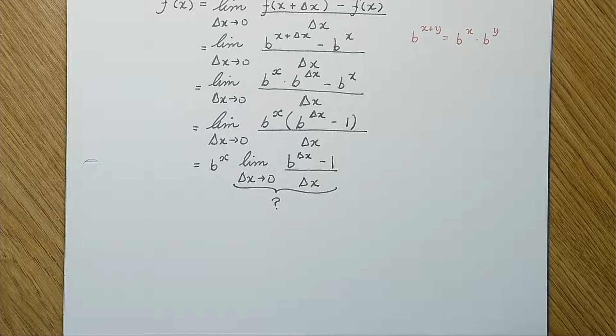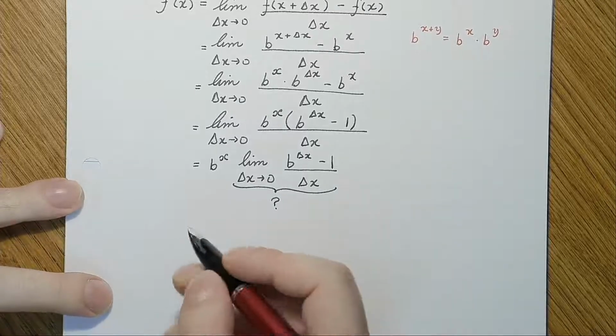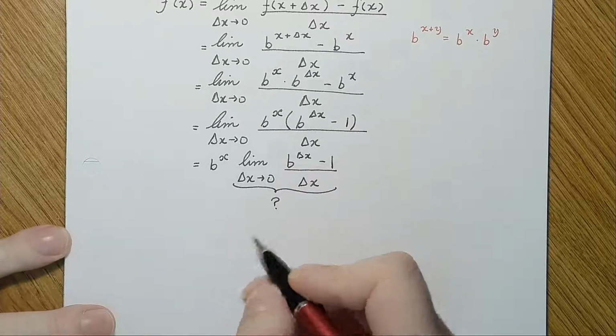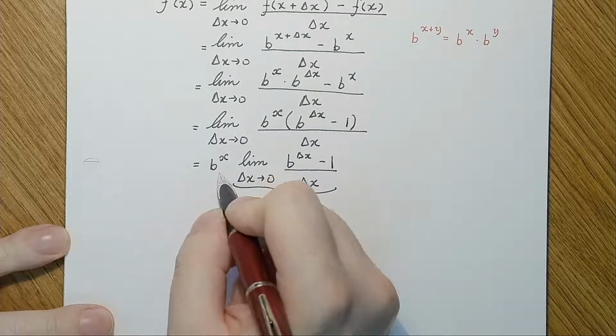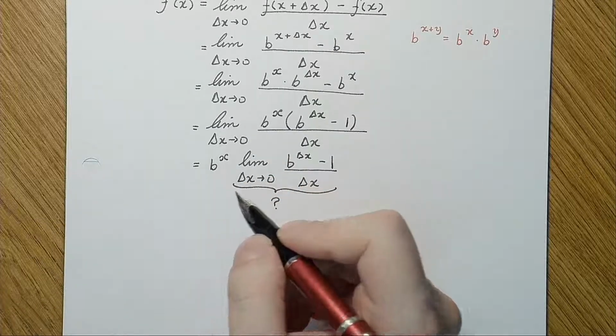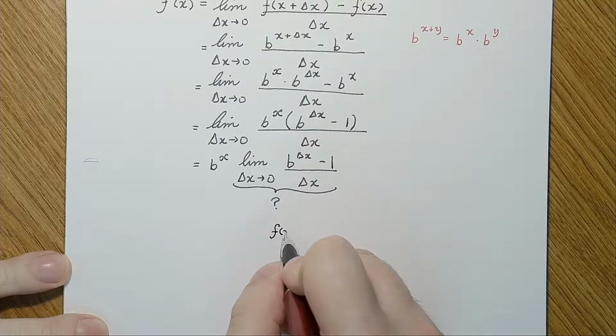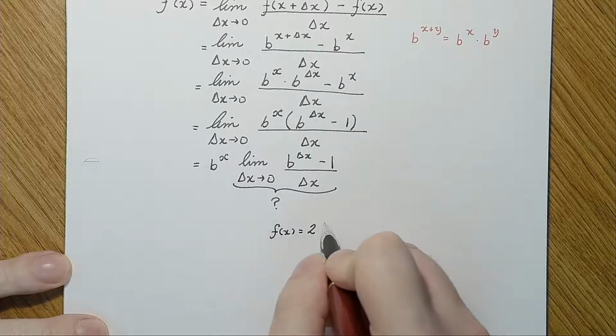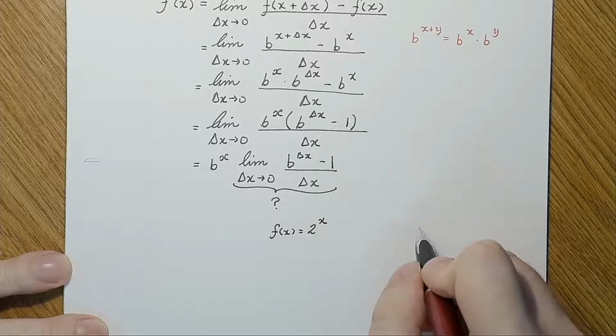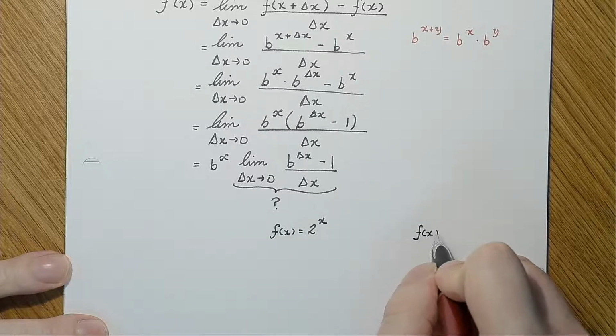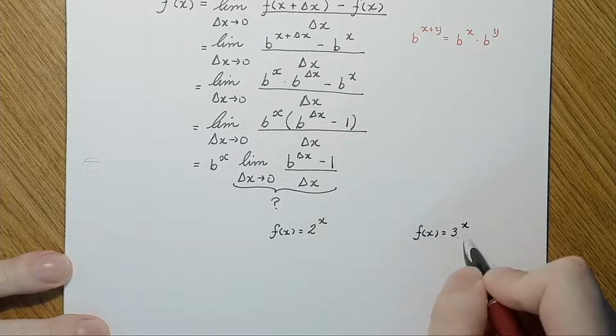So what I'm going to do is, we were using b here, and that's an arbitrary value. But for instance, let's look at f of x equals 2 to the x, and on this side over here, I'm going to look at the function 3 to the x.